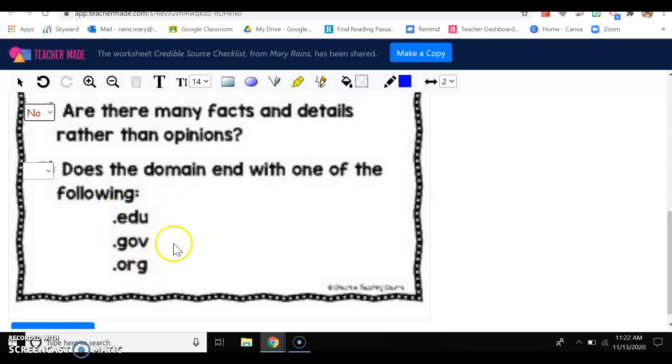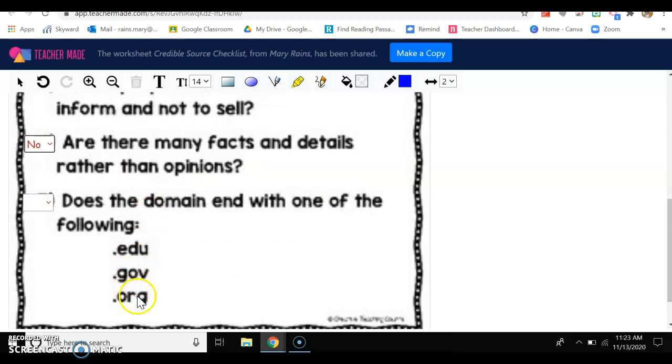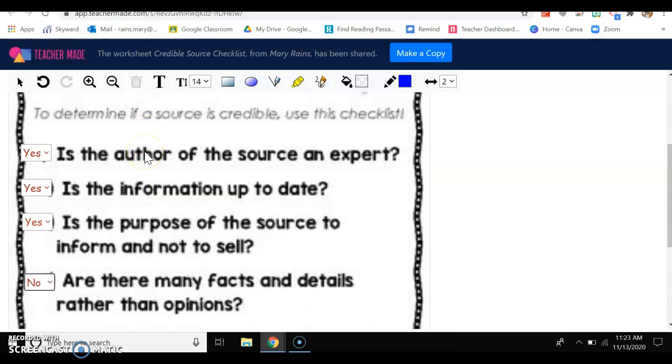Now, this does not always mean that it's going to be a credible source, but this is a very good indicator if it's followed up by the other checks. This also doesn't mean that if the website says .com that it's not a scholarly source. If it checks off every other box and it has a .com on it, you can still use it.